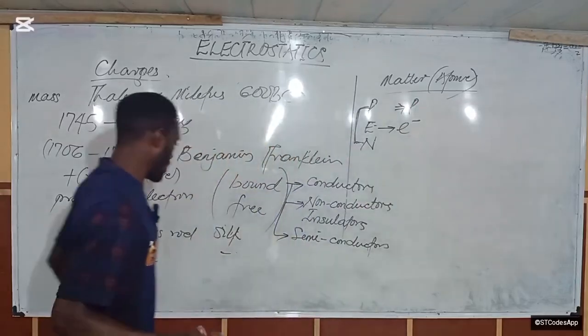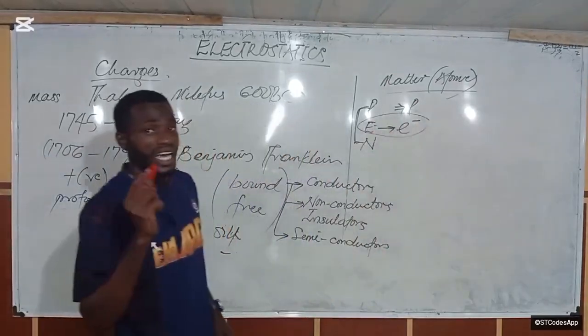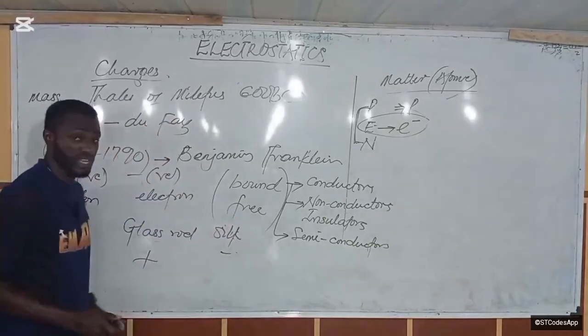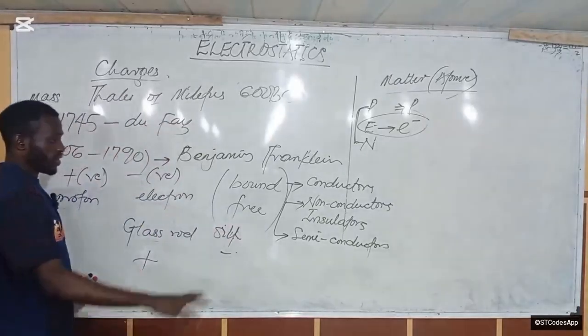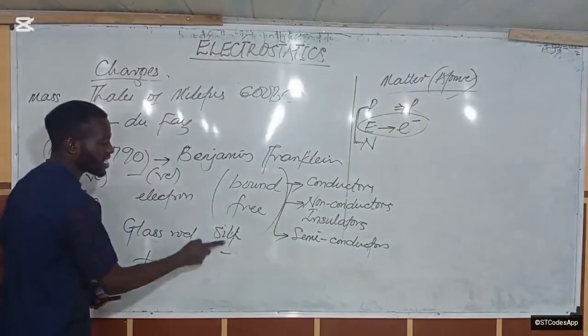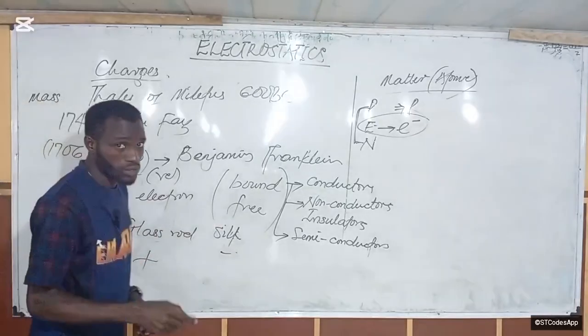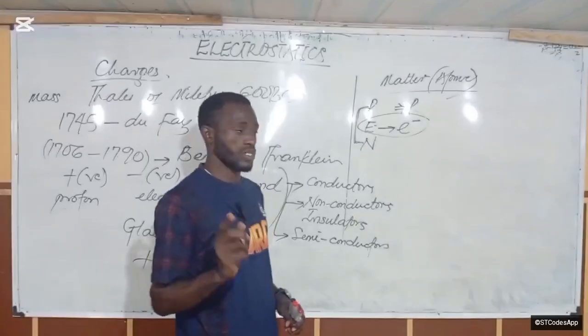Okay. So now what happens is this. The ones that move are actually the electrons, and they are the free electrons, right? These free electrons will move from the glass rod to the silk. Now listen to how the process occurs.